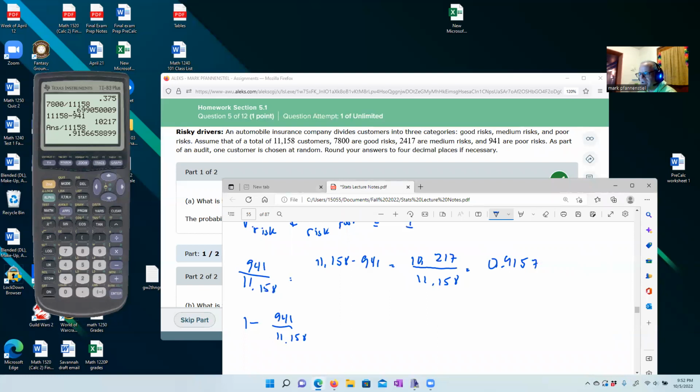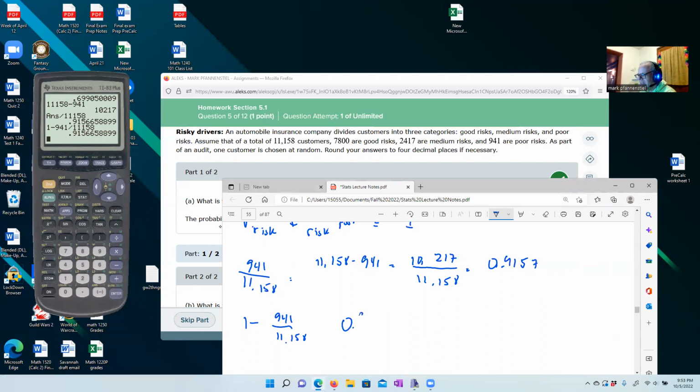So we could also check 1 minus 941 divided by 11,158. We should get the same value. Hey, look at that, 0.9157 as far as our values go.